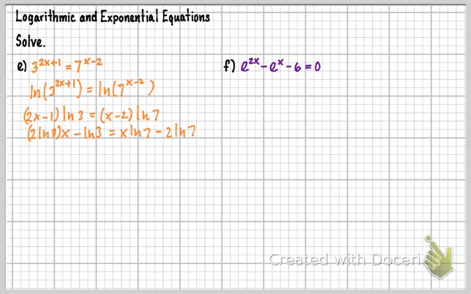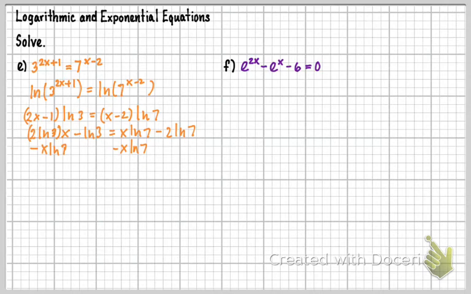And then from here, I can get my x's on the same side. This minus, I'll deal with that later. I'm going to move this x, so I'm going to subtract x ln of 7 from both sides. Keep in mind, these are the same terms because they're both x's.